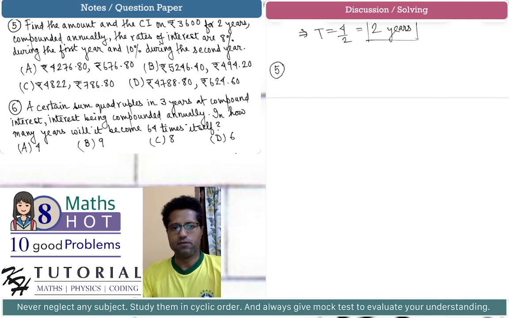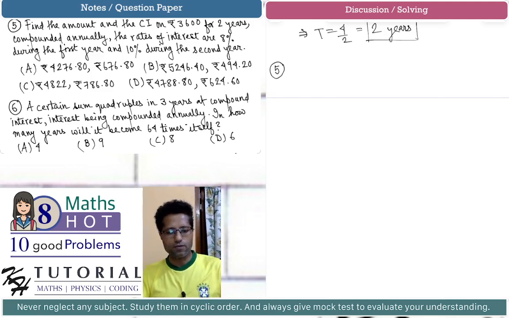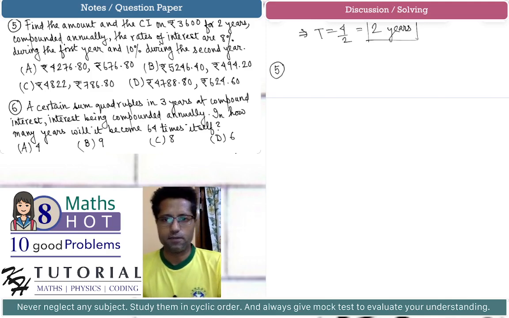The rates of interest are 8% during the first year and 10% during the second year. So we are having different rates of interest for different years. We have to find the compound interest for 2 years, and in the first year the rate is 8%, and in the second year the rate is 10%.